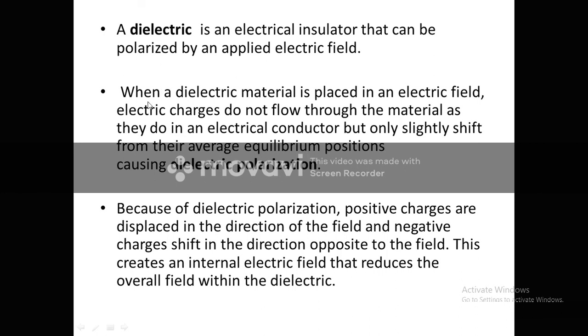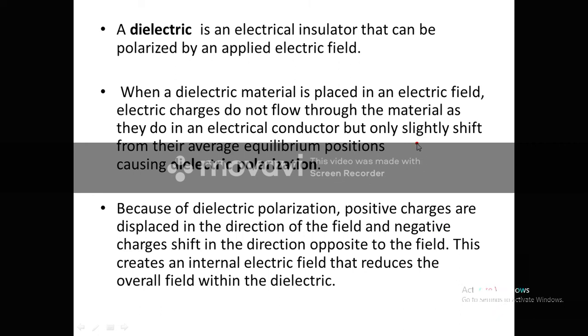When the dielectric material is placed in the electric field, electric charges do not flow through the material as they do in the electrical conductor, but only slightly shift from their average equilibrium position, causing the dielectric polarization.